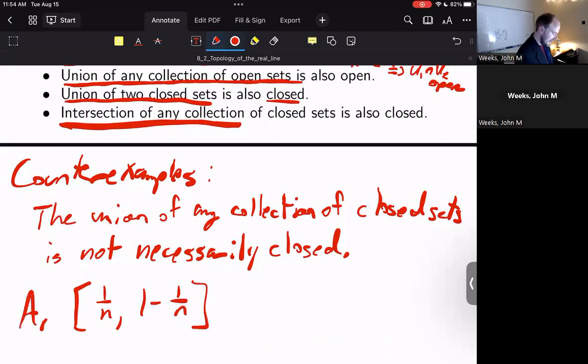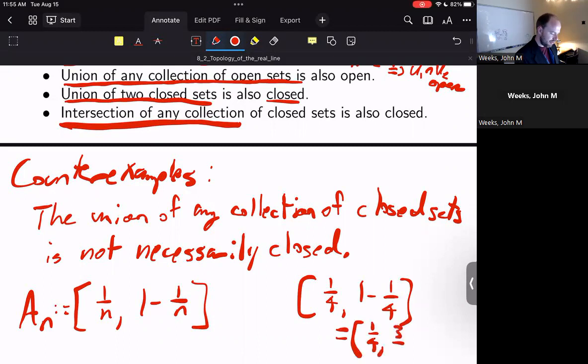Let's say that this is the set A_n. We can start looking at this set when n is equal to 2, for example. Then we have the set going from 1/2 to 1/2. It's just a singleton point, which we know is going to be closed. Any of these other sets, like 1/4 and 1 minus 1/4, if I'm looking at A_4, is just the set 1/4 to 3/4. That's a closed interval, and hence it's also going to be closed.